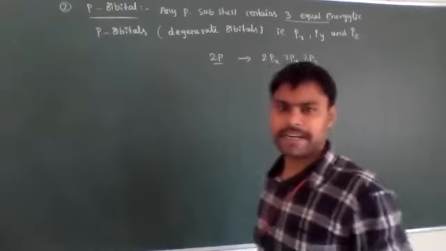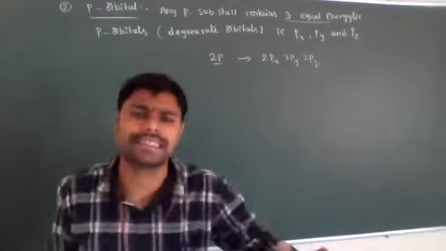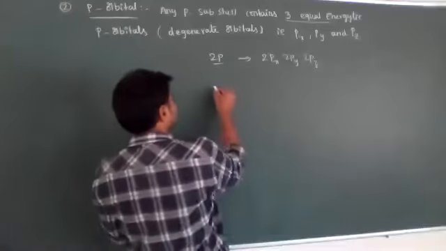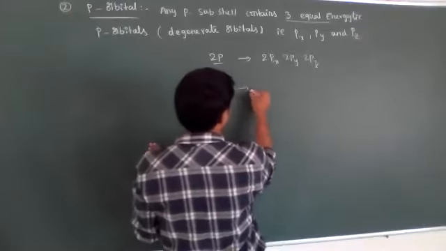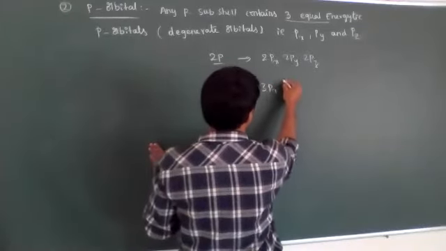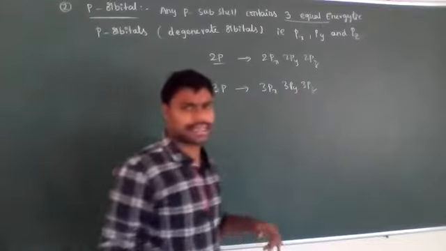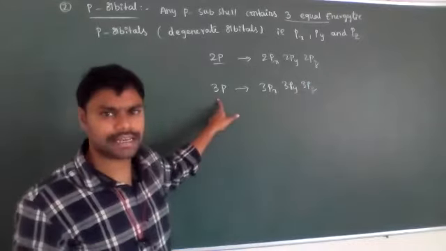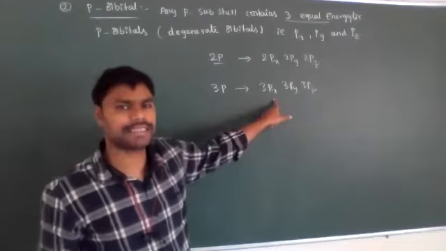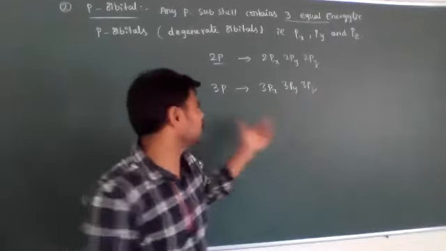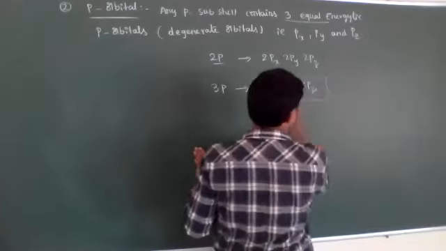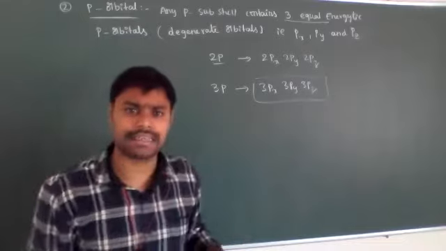These have the same energy. And in the 3p subshell, there are three orbitals: 3px, 3py, and 3pz. These three p orbitals have the same energy.